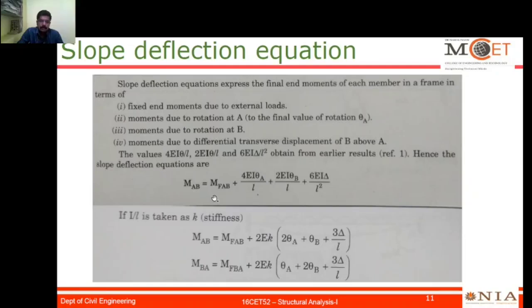We have 2 common in all terms, and E is also common, so we take 2EK, where I by L is assumed to be K. So 2EK times 2 theta A plus theta B plus 3 delta by L. So the moment at B, MBA, equals MFBA plus 2EK times theta A plus 2 theta B minus 3 delta by L. This is the final slope deflection equation to find the moment at A and the moment at B.